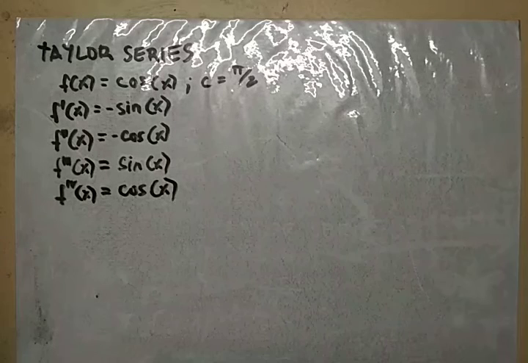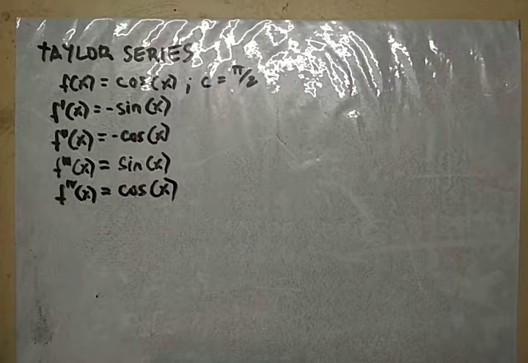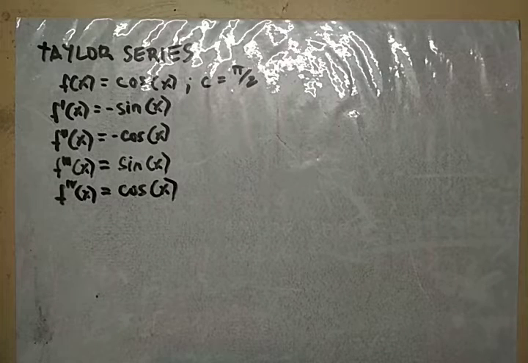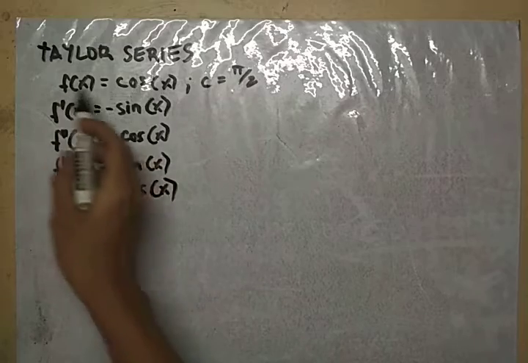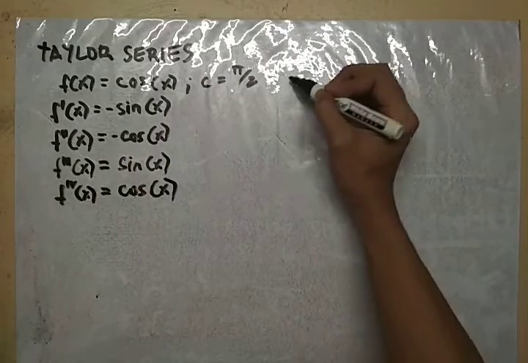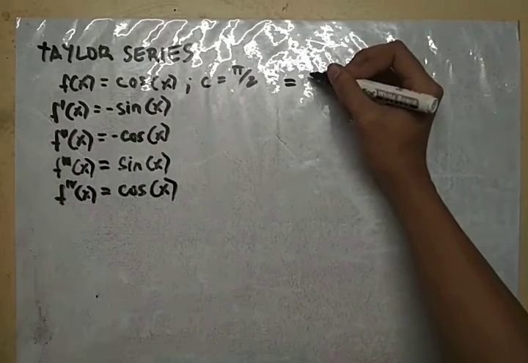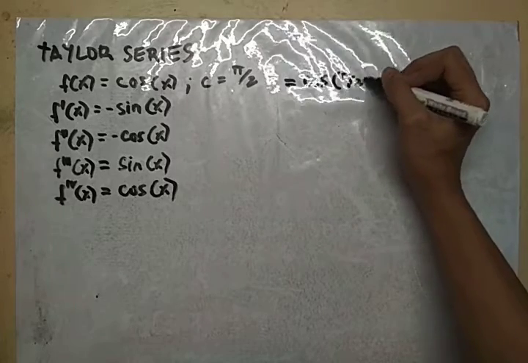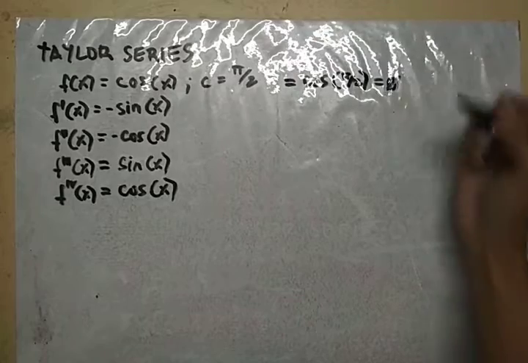So now we will substitute the center, pi over 2, into the functions. In cosine, we have cosine of pi over 2, which is equal to 0.